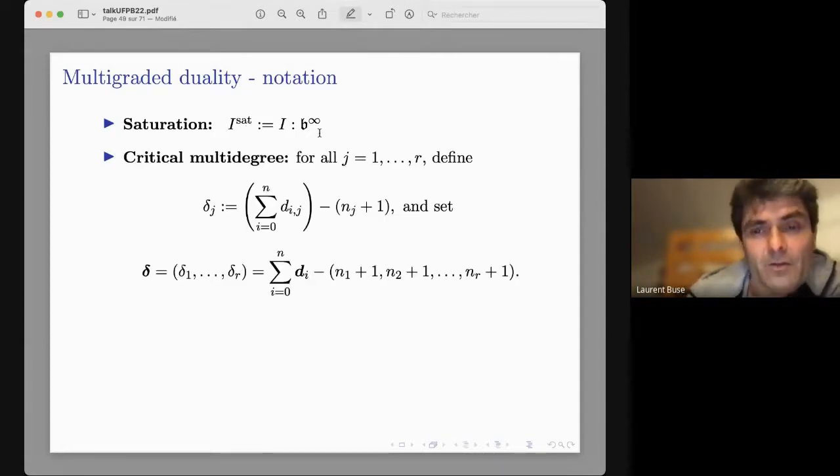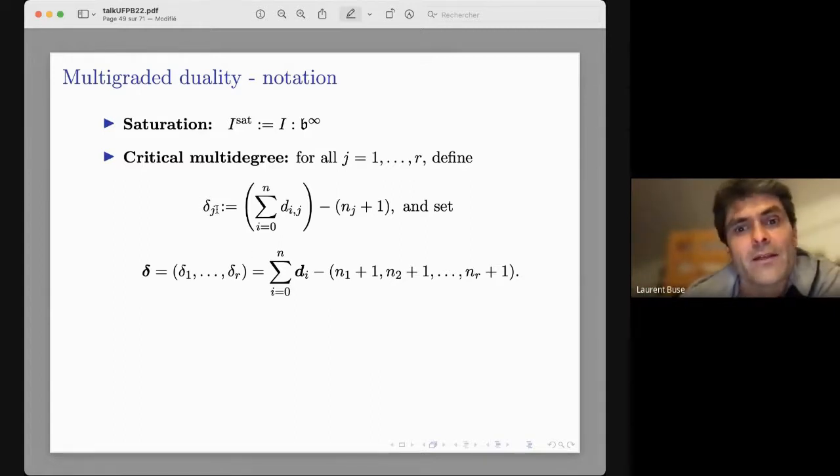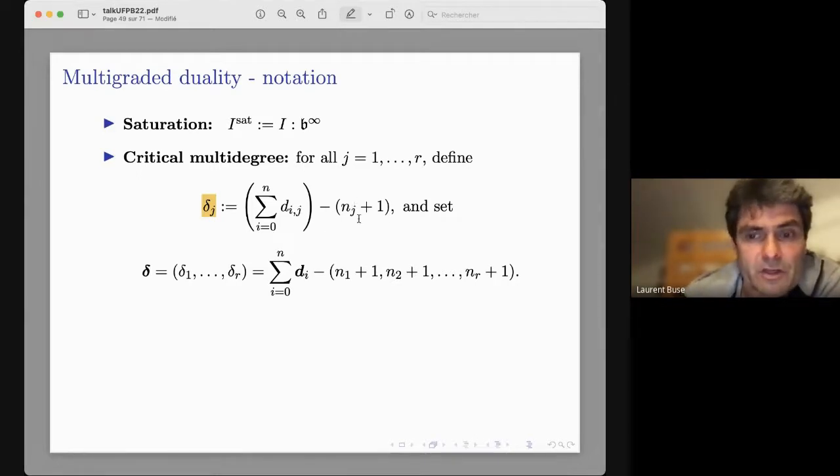So with this, we will define, as we did before, a critical degree, this delta degree. So this delta degree is now a multi-degree because we have several projective spaces. So let's look at the component j, the component over Pn_j. The component of the multi-degree with respect to Pn_j is the sum of all the degrees of all the equations with respect to Pn_j, so d_ij, the sum over all i with respect to Pn_j, minus this shift, which is actually the dimension of the projective space plus 1.